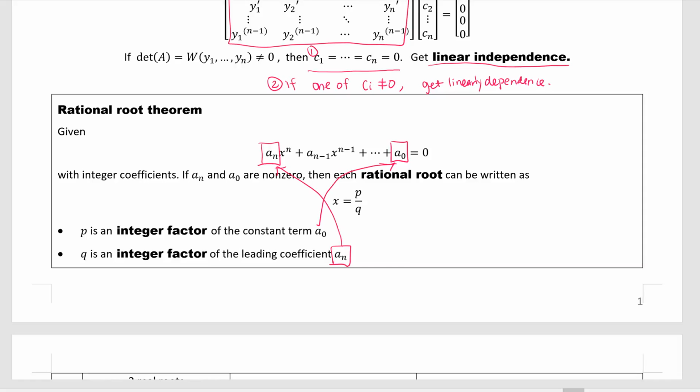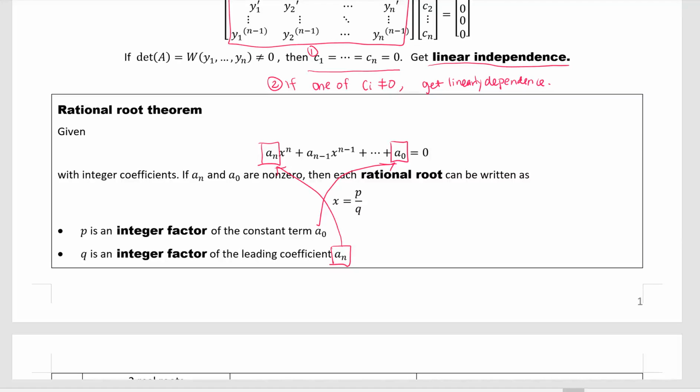What does that mean? That means when we solve this polynomial, if it is of degree n, ideally we are able to decompose it as a product of n linear factors, where the coefficients are complex numbers. In complex numbers we can do that.